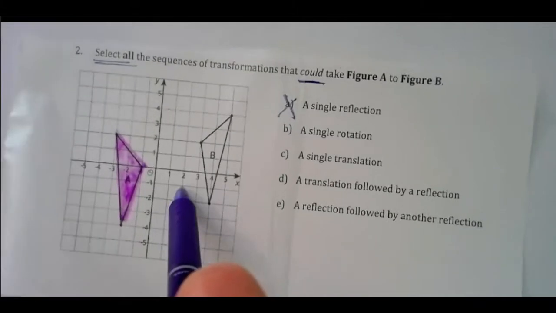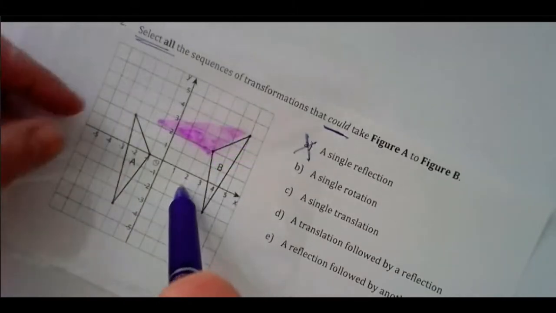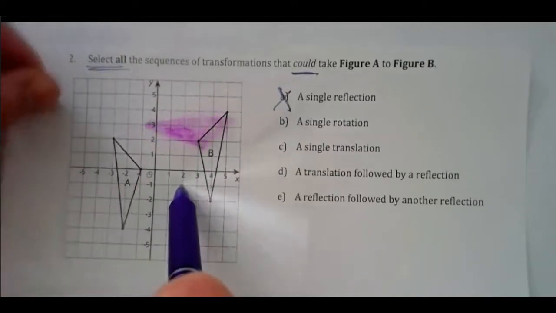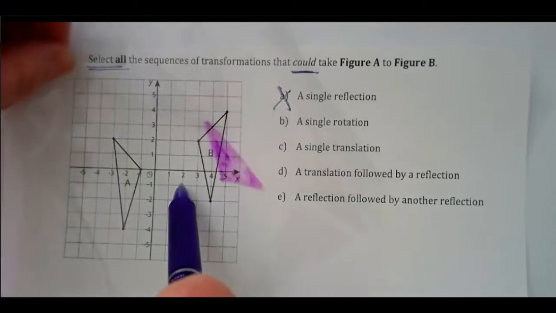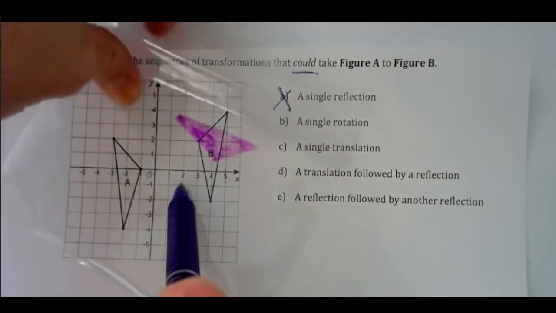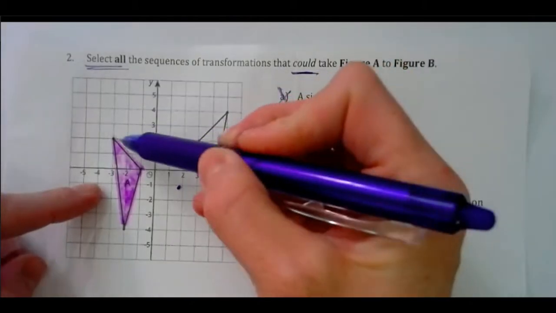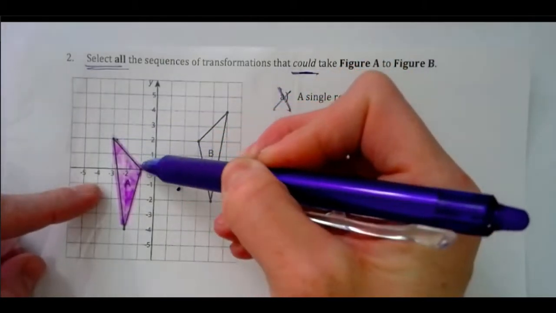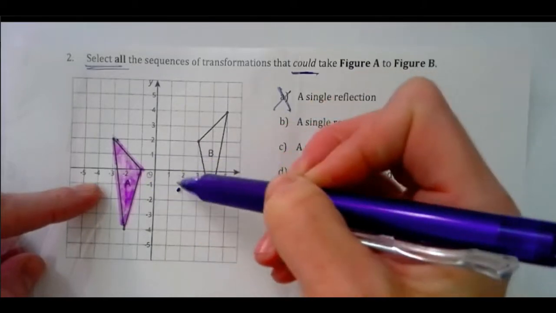A single rotation. So no matter where I put my pen, it won't rotate. That's because if we look at the sizes of everything here, do you see how this here is the short side and this is the long side?